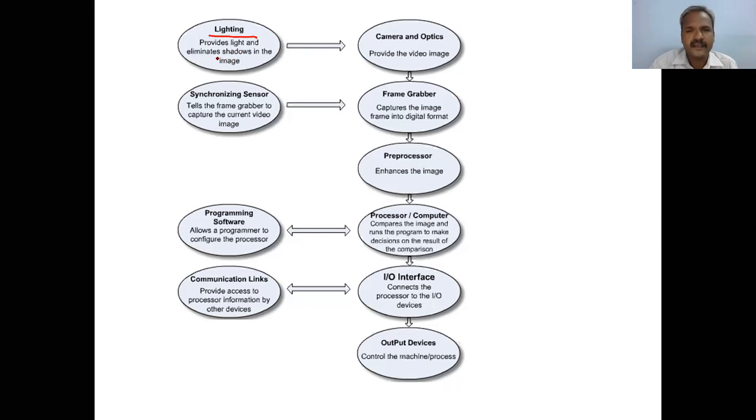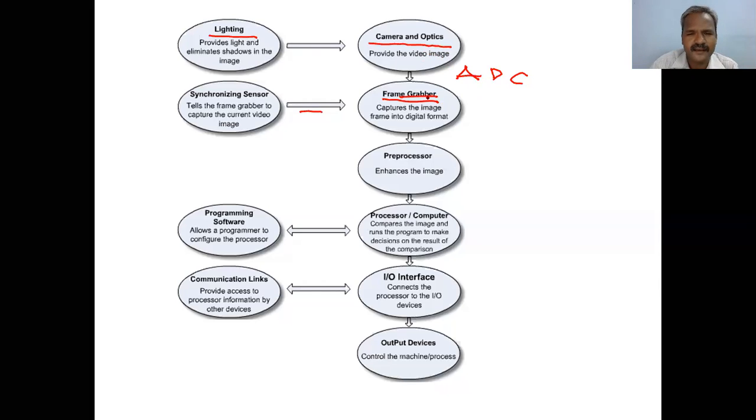Through lighting, the camera and its optics provide the video image. The video image is stored in the frame grabber via the ADC. The ADC converts the camera image along with the lens into binary or gray level pixel images.